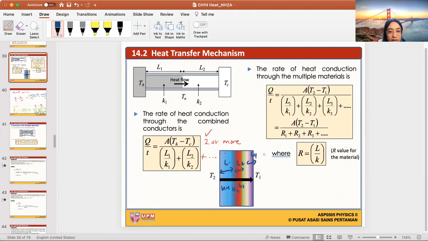If K1 is 10 cm, that is what you should put in your L1. Jangan letak semua L sama, because it depends on the length of the material. Okay, so A, assuming that the area is the same, you start with the hot minus the cold. Okay, it's pretty simple. You just need to know which goes with, where goes where.